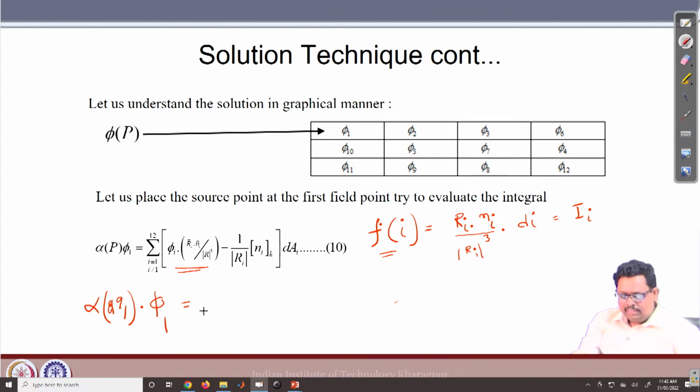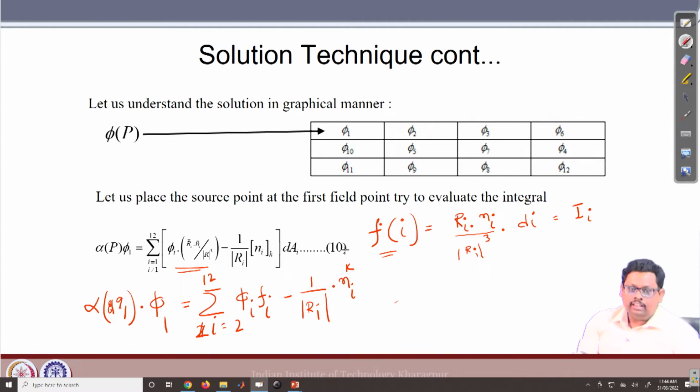Then this should equal the summation from 2 to 12, so I can say i equals 2 to 12, and then I can write this as phi I, and I can simply call it f I, minus 1 upon mod of r I into the normal in the ith panel, and multiply this by dA I, right.